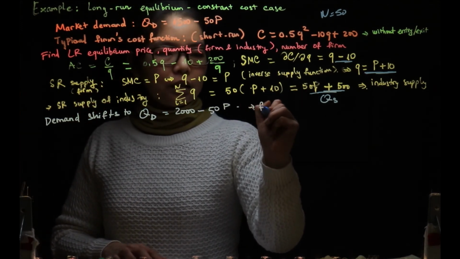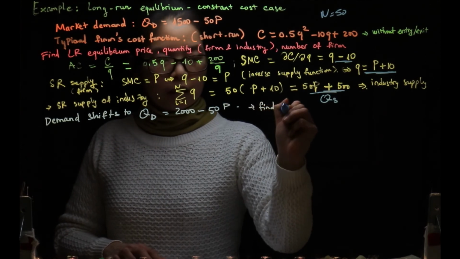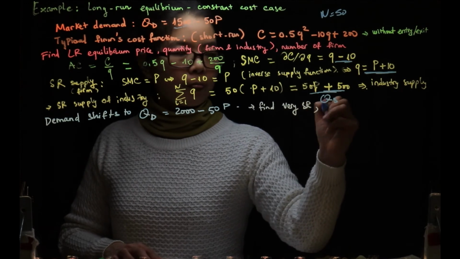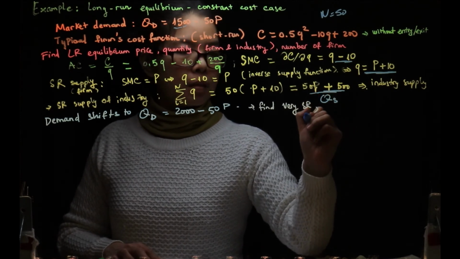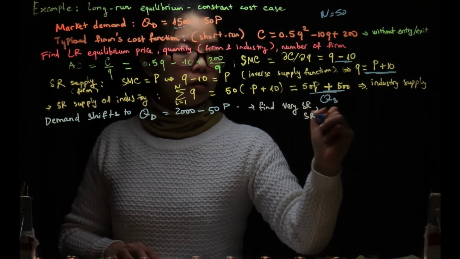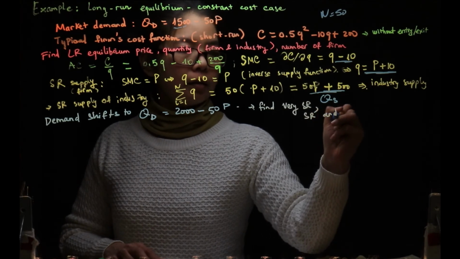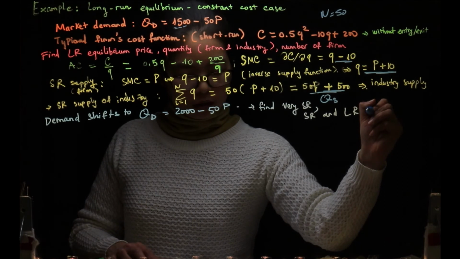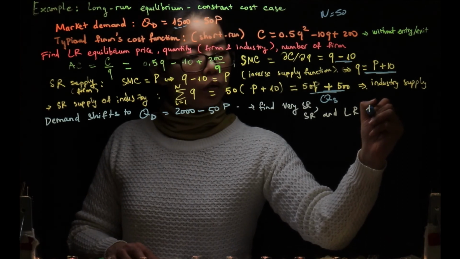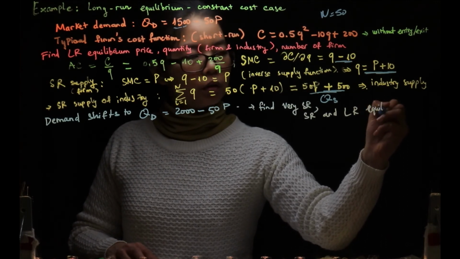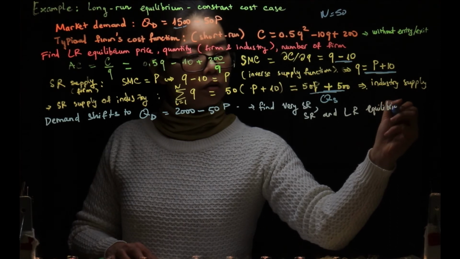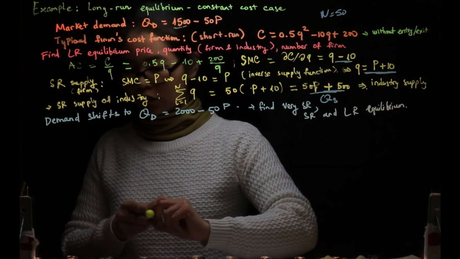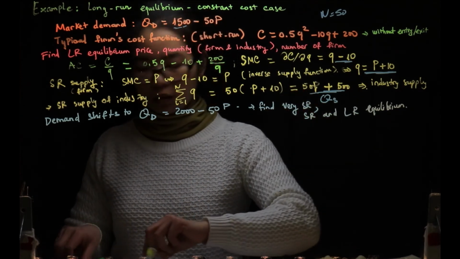Then the task is to find the very short run and long run equilibrium. So we see what happens in different episodes of the story, like what we always did before.